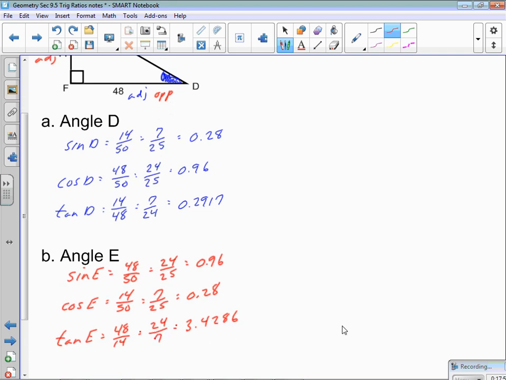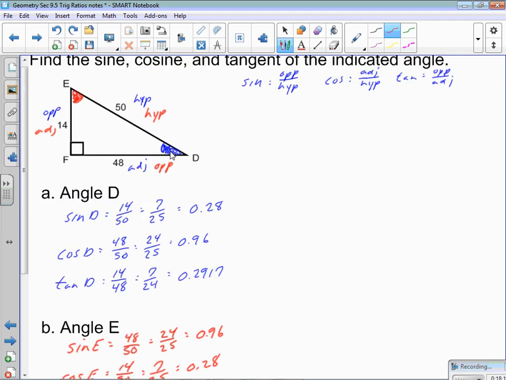And another thing to recognize is that tangent is the only ratio that can be a number greater than 1, right? So sine and cosine, that's always one of the sides of the triangle over the hypotenuse, and we should know the hypotenuse is always the longest side, right? So whether it's this side or this side over the hypotenuse, it doesn't matter because they're always going to be smaller than the hypotenuse.